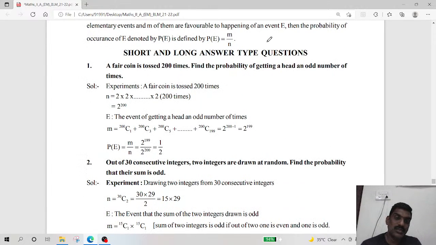Next, out of 30 consecutive integers, 2 integers are drawn at random. Find the probability that their sum is odd. First of all, total outcomes are 30C2. Now the event that the sum of the two integers drawn is odd: sum of two even numbers is even, sum of two odd numbers is also even.